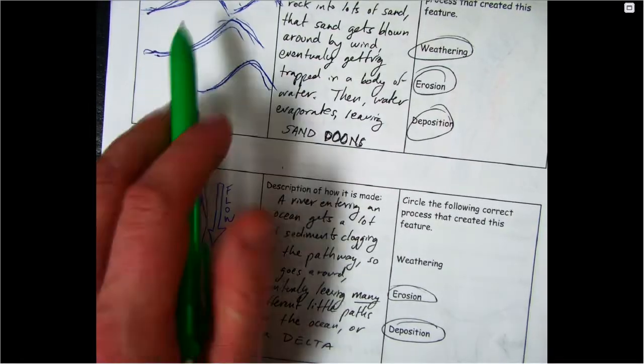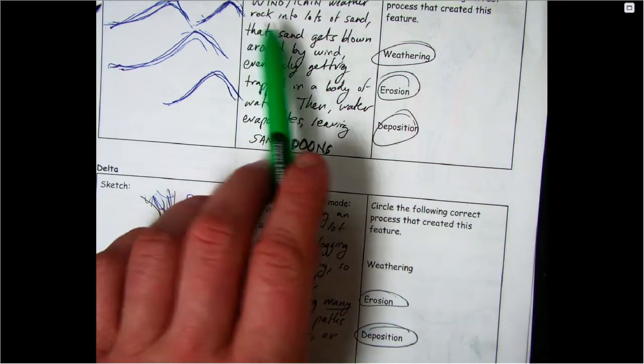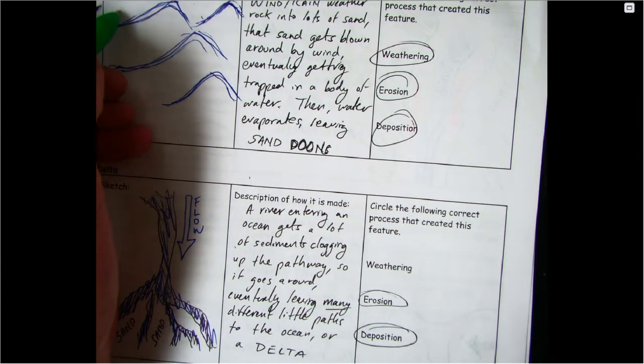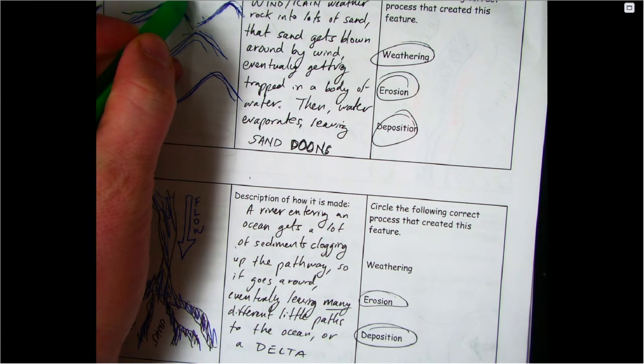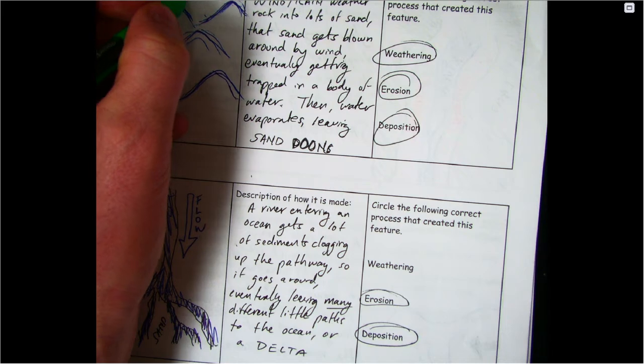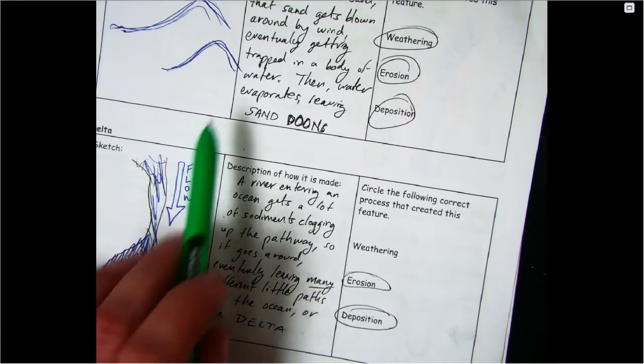For our next one, we're going to make these quick for the sketches. Wind, rain, weather, rocks into sand. Sand then gets blown. The sand, as it goes over the top, it's going to get hit by sand like this, and it's going to start to cause turbulence, which causes the wind to slow down, and it's going to drop that rock on the backside of the dune.